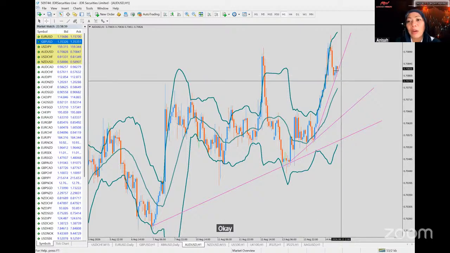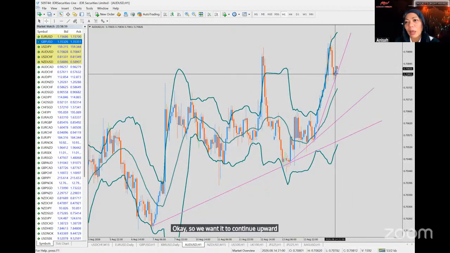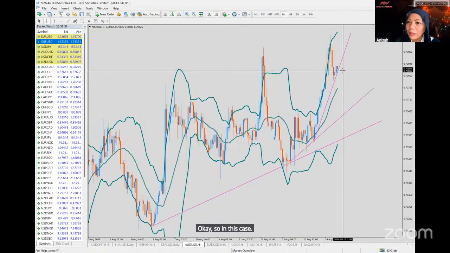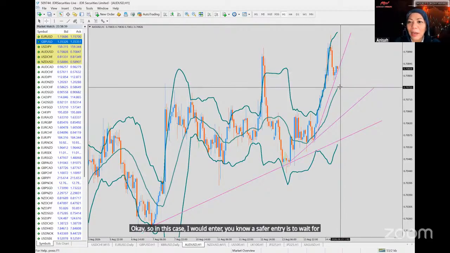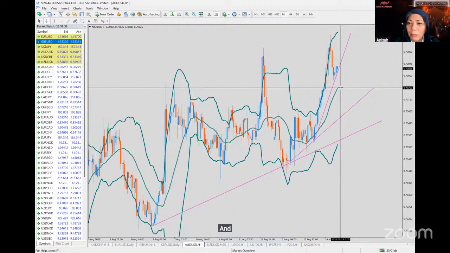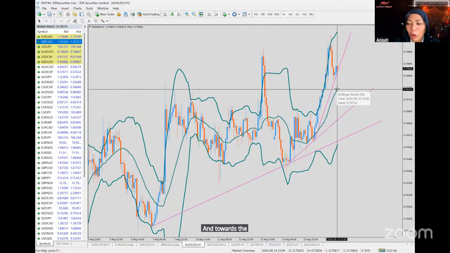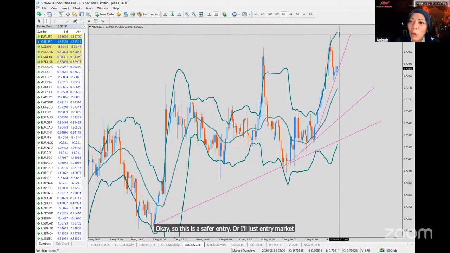We want it to continue upward. In this case, a safer entry is to wait for the price to come back towards the MA20 or the mid BB. Or I'll just enter at market but with a small target.